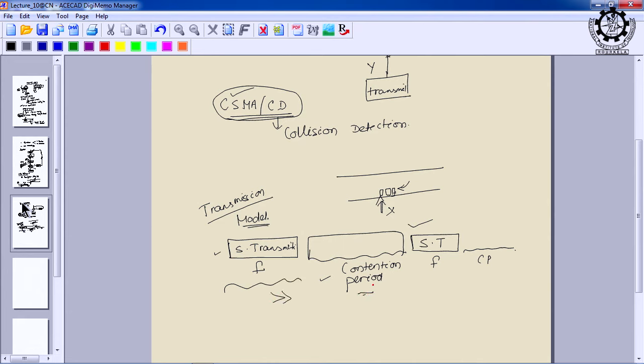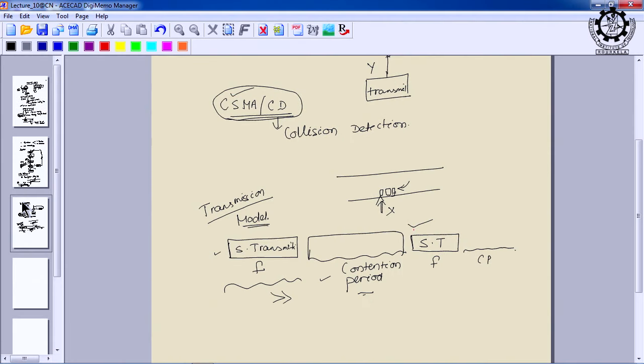Otherwise there is no efficiency in the transmission. If most of the time is spent resolving contention, there is no point. You should have a longer transmission period and a shorter contention period, and during that contention period you apply some algorithm, some logic, so that you sooner get a successful transmission period and have an efficient transmission. How could this contention be resolved?